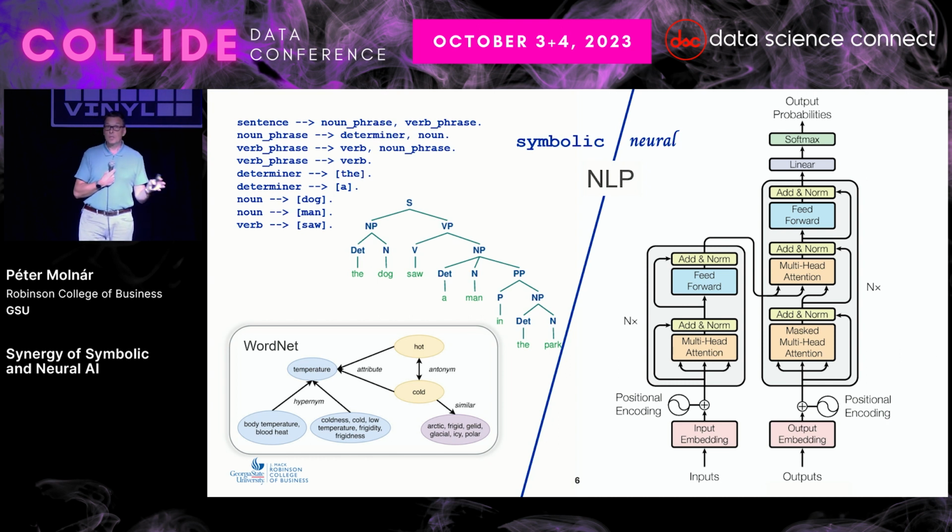There's a huge body of work, of course, that has been done in the last decades. I put WordNet on here. WordNet used to be the number one catalog for the English language.